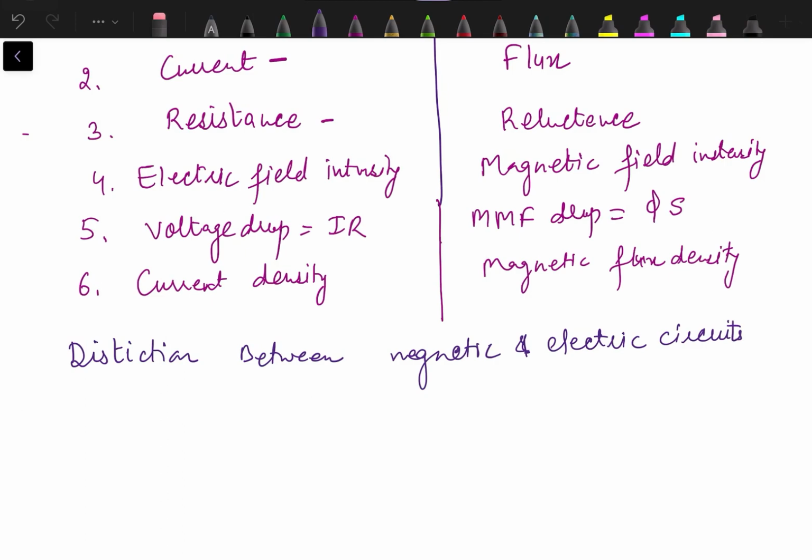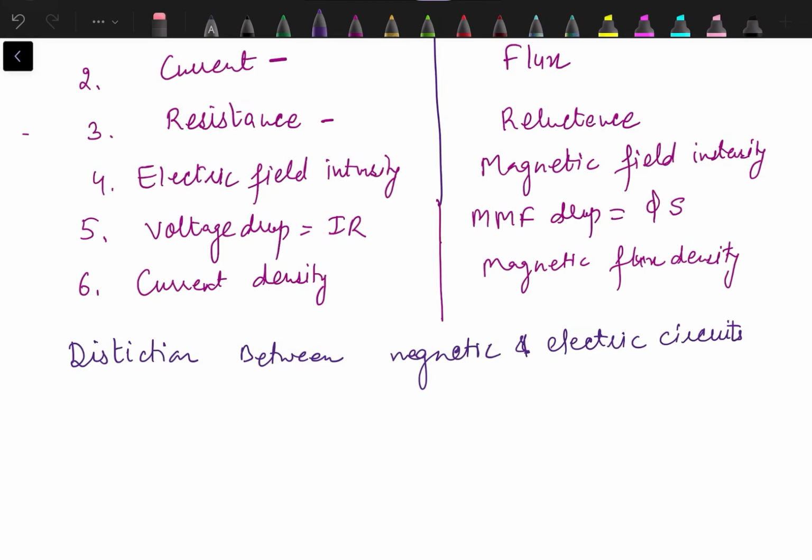So this is a major difference between these two. Second difference is the magnetic flux lines are actually imaginary while the current flows because of flow of electrons. Third difference is the resistance in case of electrical circuit is dependent upon temperature while the reluctance is independent of temperature.